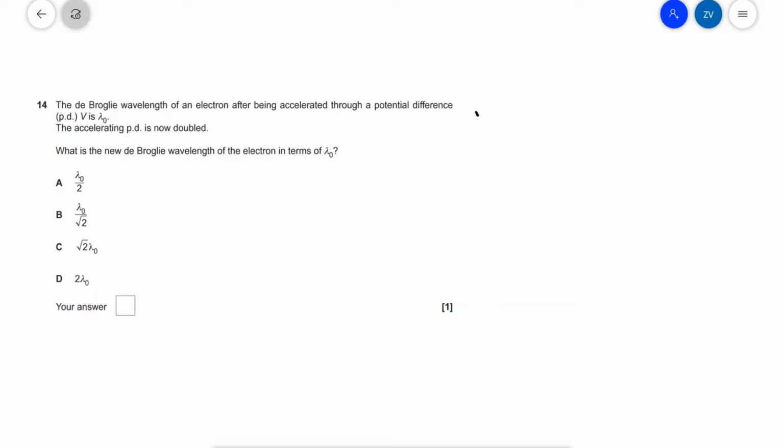Now, first of all, the de Broglie wavelength is equal to h divided by the momentum, which is equal to h divided by the mass times the velocity of that electron. How do we know what the velocity of an electron is after it's been accelerated by a PD? Well, this is the good old eV is equal to a half mass times the velocity squared.